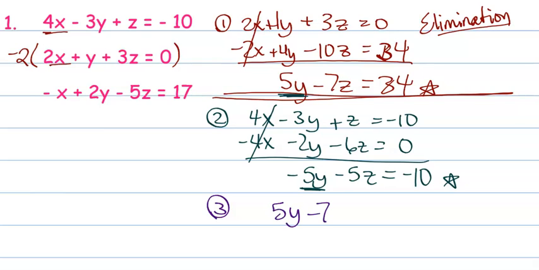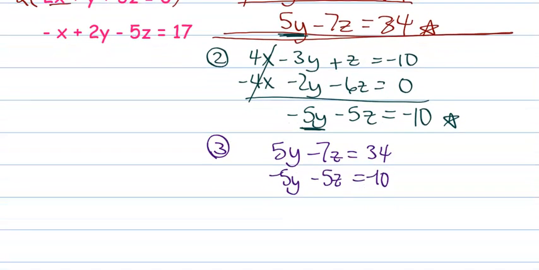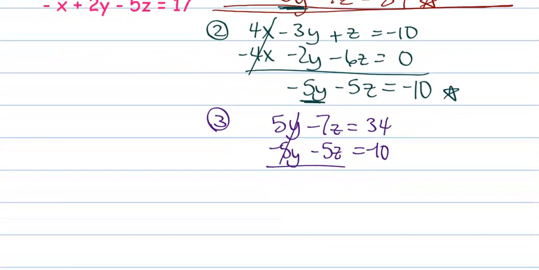5y minus 7z is 34. And negative 5y minus 5z is negative 10. Scroll down a bit. So they go away. I get negative 12z equals, and this will be 24.